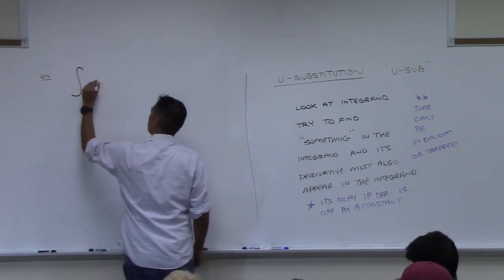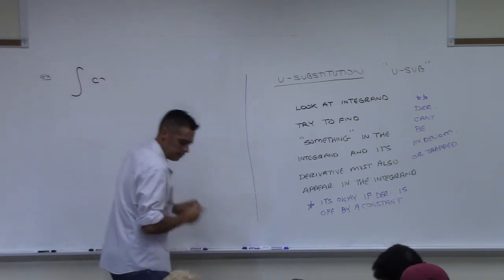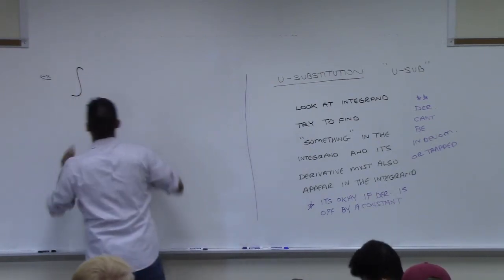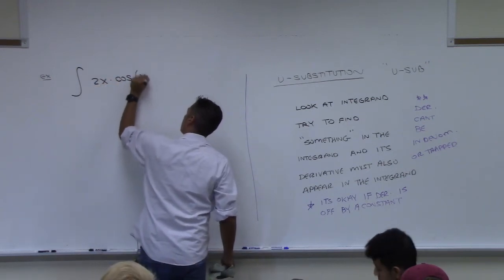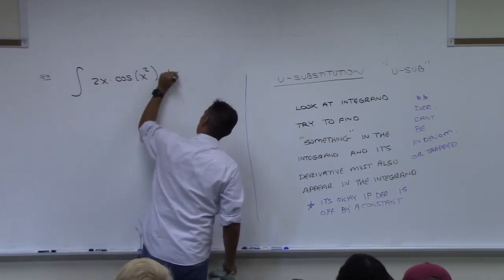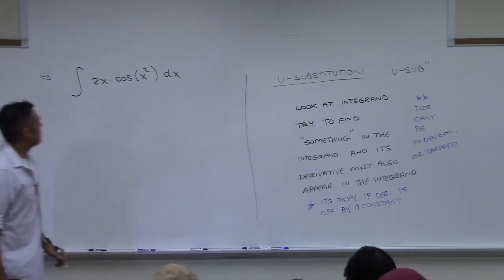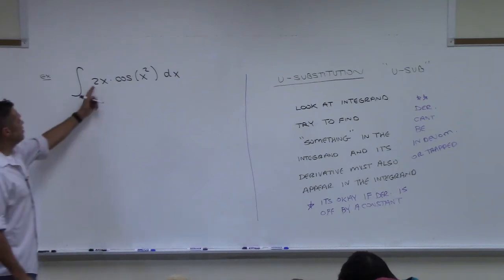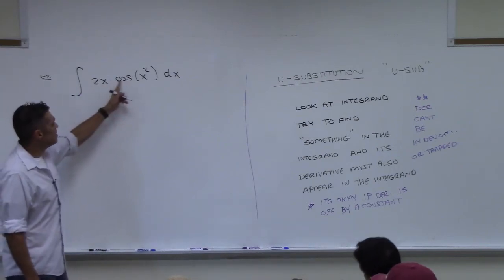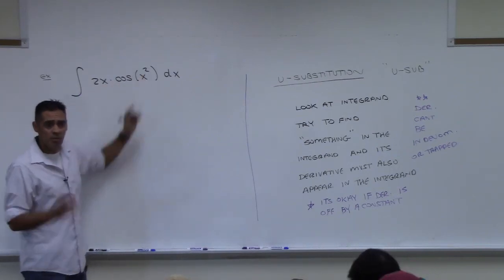Ooh, good one. Let's put out here in the front the integral of 2x times cosine x squared dx. All right, we're trying to find the antiderivative of 2 times x times cosine of x squared, right? That's what we're trying to find the antiderivative of.